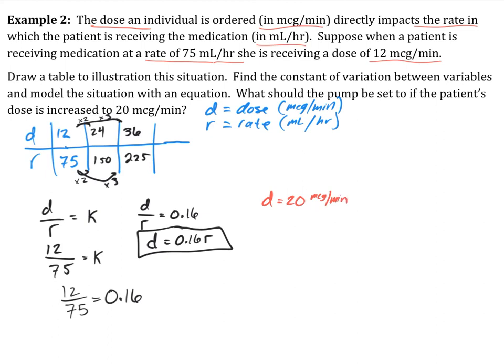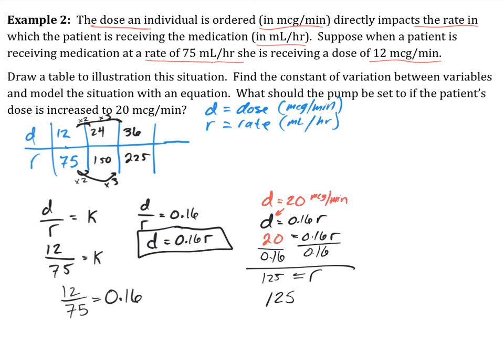So remember, the formula is D equals 0.16 R. So I'm going to plug 20 in for D. So I get 20 equal to 0.16 times R. So I'm just going to solve this for R. So 20 divided by 0.16, you get R is equal to 125. So the rate would be 125 milliliters per hour.